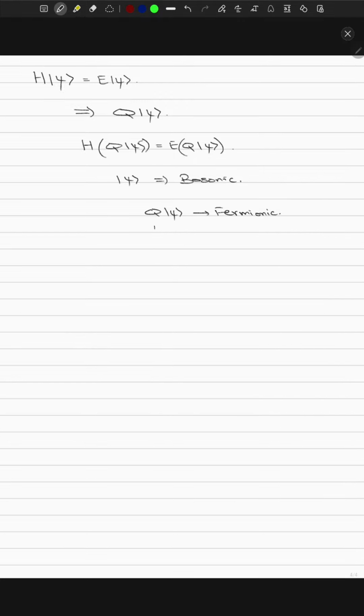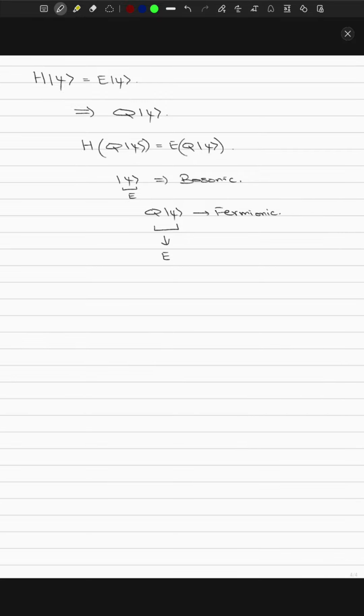If this state psi had some energy E, then Q on psi would also have the same energy E. This is simply because the Hamiltonian commutes with the supercharge.